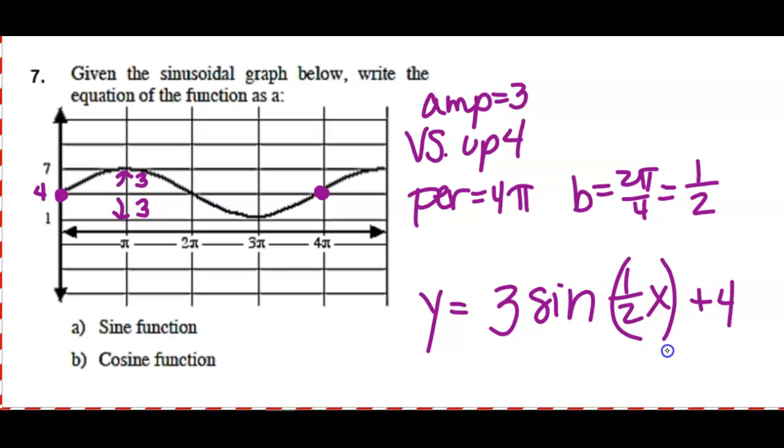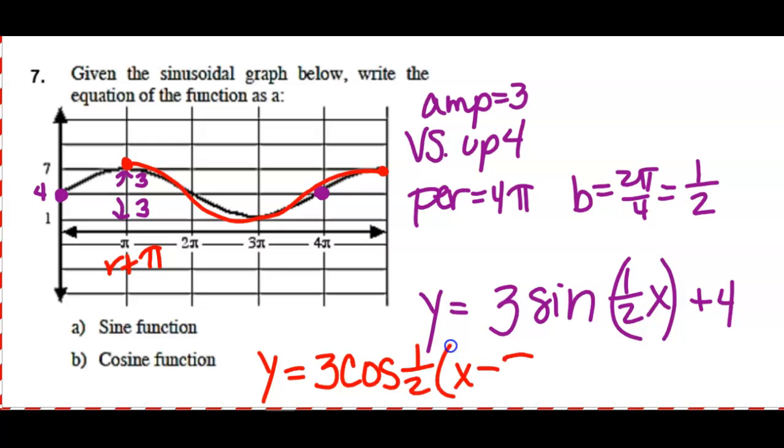If we have to call it a cosine, we have to say, well, the peak was here, and it started and went down, and that's the cosine shape, okay? And so it started to the right pi. So the amplitude is still 3, but we switched it to a cosine. The B is still 1/2, but we had to shift to the right pi in order to have a cosine shape going on.